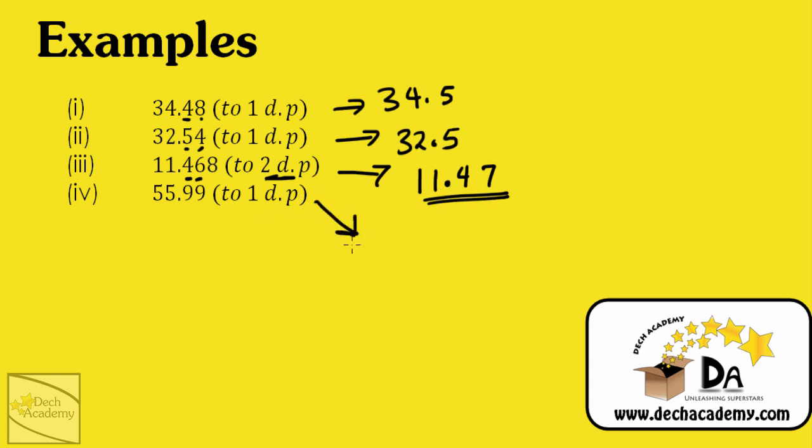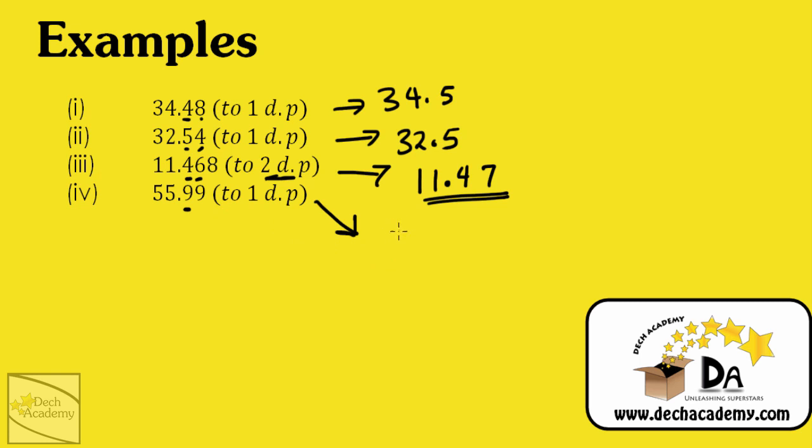Finally, 55.99. So this is 1 decimal place, 1 position after the decimal point. The digit after is 9. 9 is greater than 5, so round up.